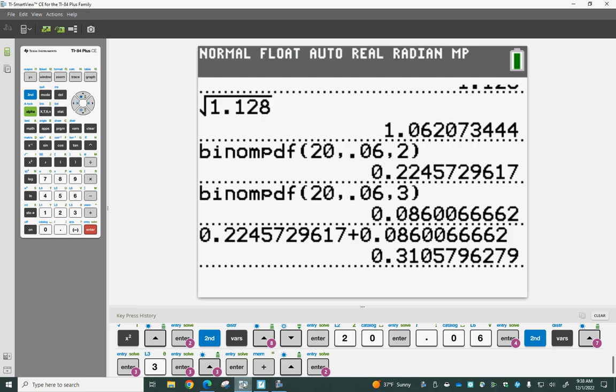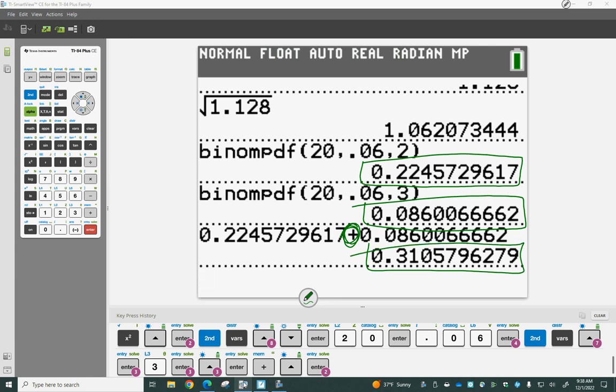So if you did this correctly, you should get, for 2 donors, there's your probability. For 3 donors, there's your probability. And then we're just going to add those two together to get a final probability of 0.3106.